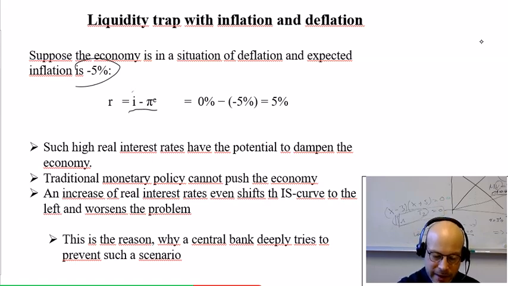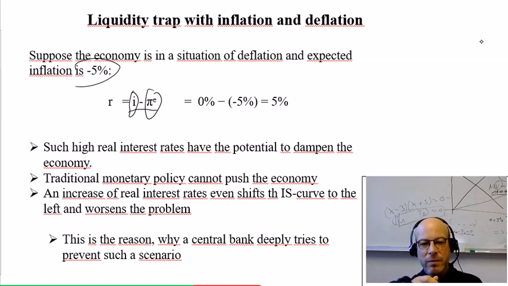Now this is zero and this is a negative number. Then we have minus minus, and this then would mean we have low nominal interest rates but positive real interest rates.